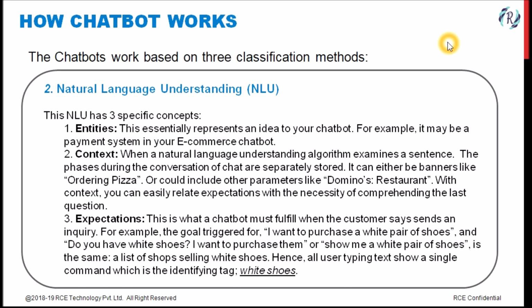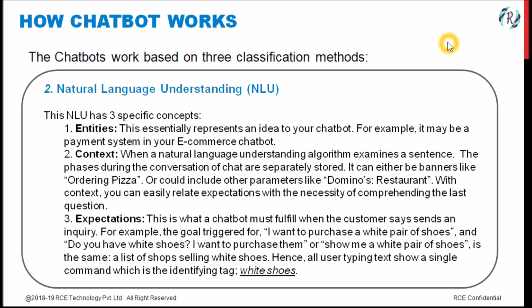Second method is natural language understanding, which is NLU in short form. This has 3 specific concepts: entities, context, and expectations. Entities: what kind of chatbot you are looking for. Is it a payment system for e-commerce or product search, or any assistance which you require regarding some services or product?